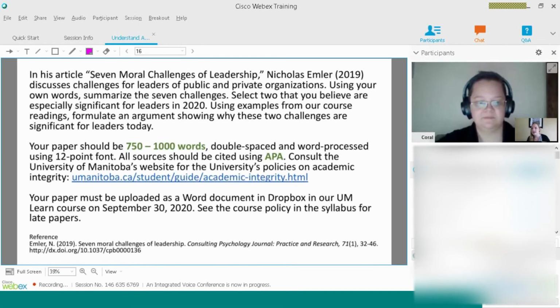Coming back to that length requirement of 750 to 1,000 words, this length requirement kind of indicates how specific this paper needs to be and how narrow or broad the scope of the paper is. So even if your professor is a little bit more lenient with the word count, it still gives you a good sense of the scope of the paper and how specific you need to get while you're writing it.